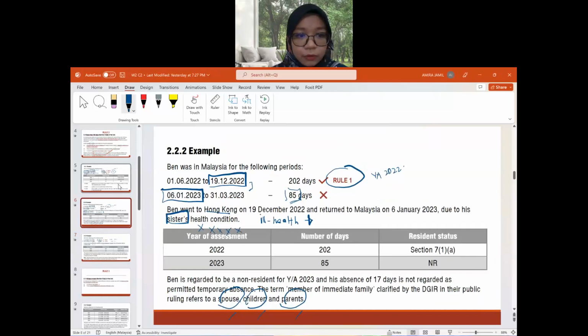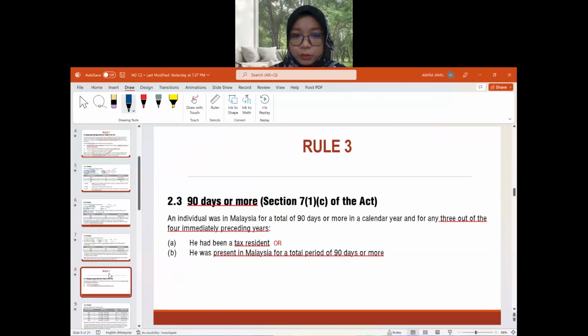Okay, so that is for rule number 2. So we go to rule number 3. For rule number 3, the individual is in Malaysia for 90 days or more. Okay, only 90 days or more. But he has to stay here 90 days or more for 3 out of 4 immediately preceding years.